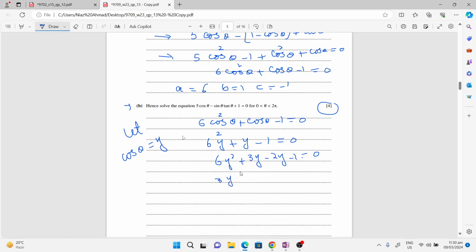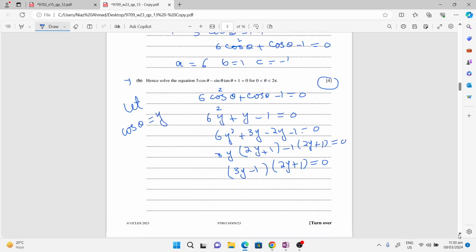Take 3y common, so it would be 2y plus 1, minus, take 1 as common, 2y plus 1 equals 0. My final answer is 3y minus 1 into 2y plus 1 equals 0.